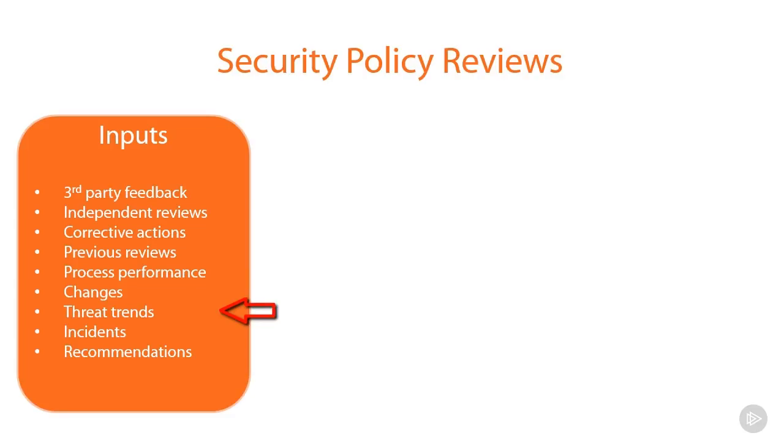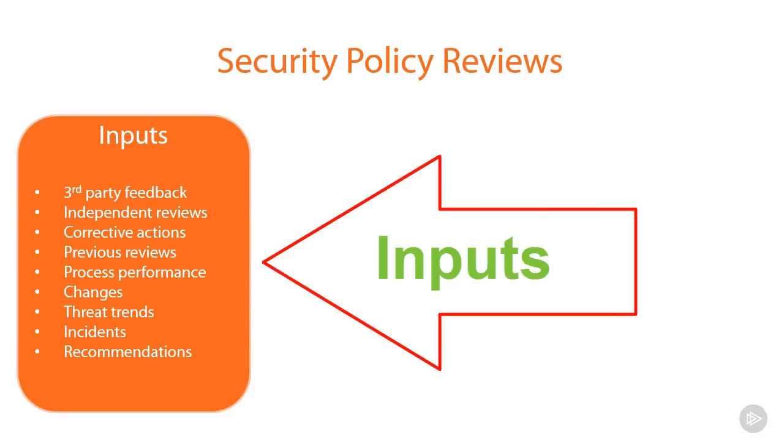Trends related to threats and vulnerabilities that exist within the organization may affect the policy as well. Reported information security incidents and recommendations provided by relevant authorities. These are inputs that would drive a policy review.